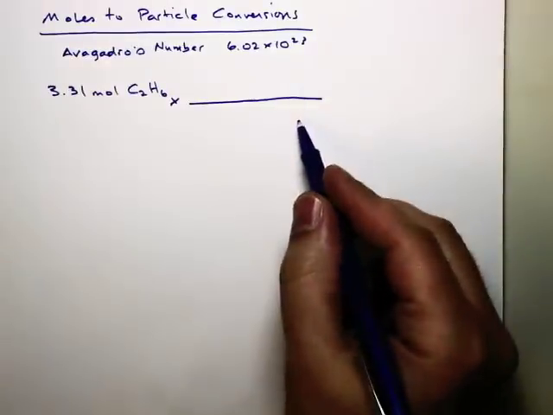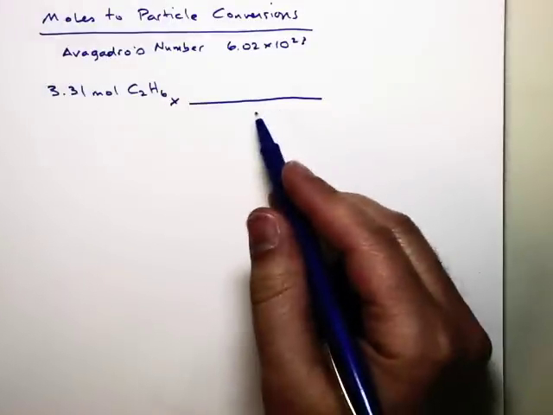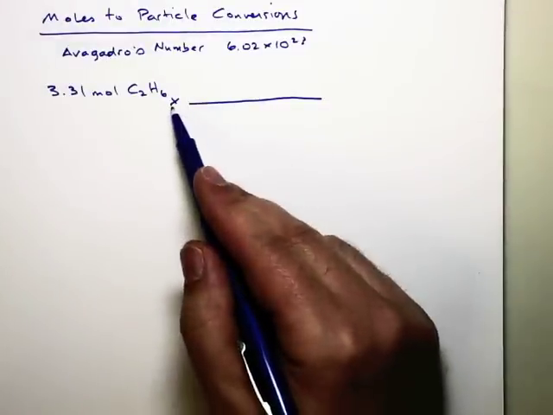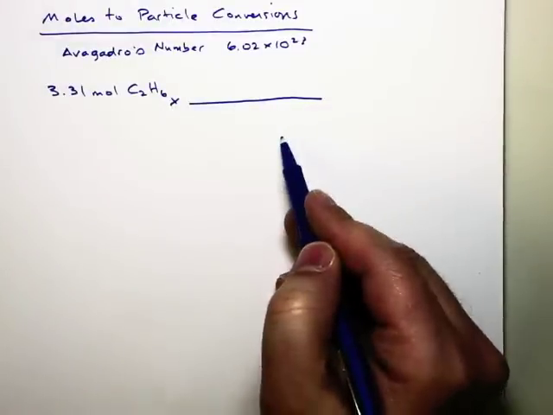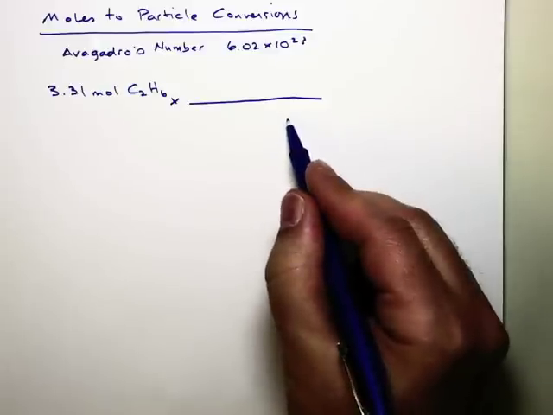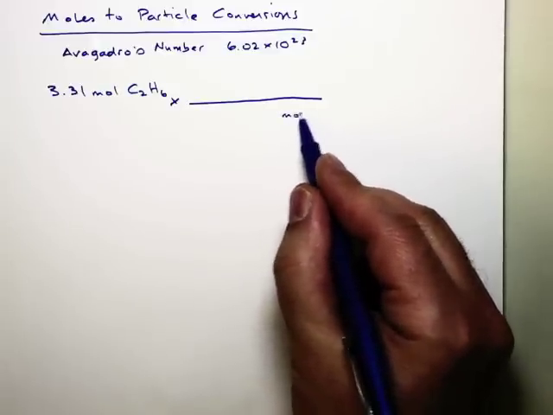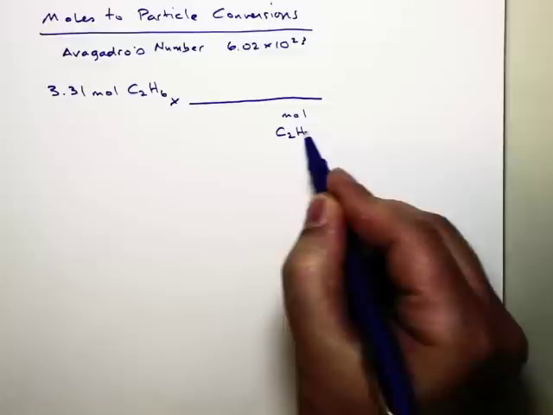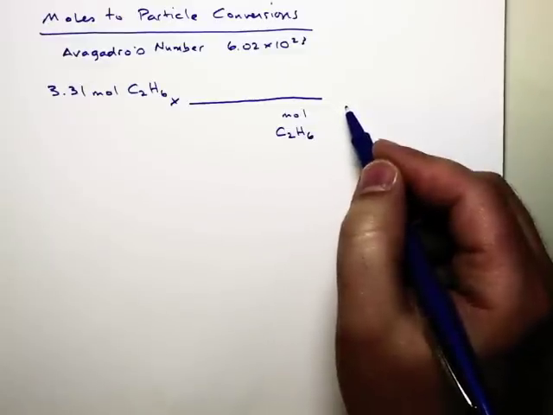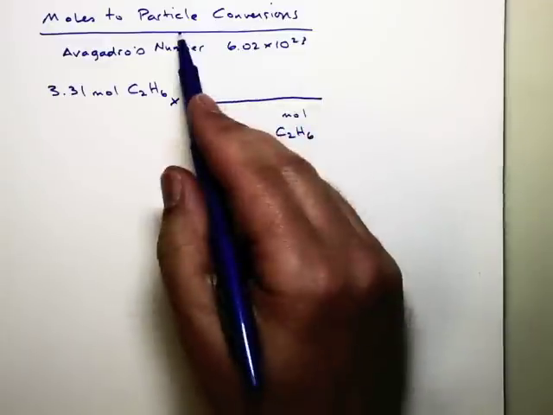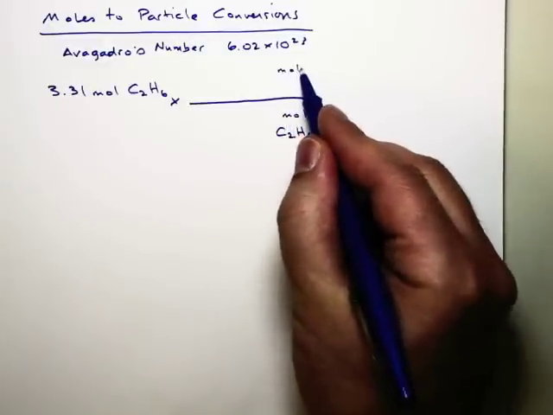Now, the way we played this game here is dimensional analysis. We put a times sign, we put a division line. What we have always goes underneath the line. What do we have right now? Moles of C2H6, right? What do we want? Molecules, exactly.